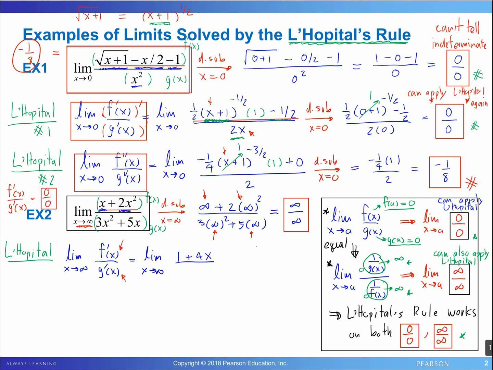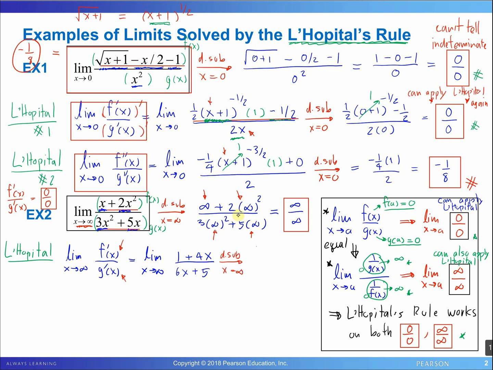Divided by, now g prime, we need this. So we need to diff these terms down here. Diff this, I get 6x. Next term, I diff this, I get 5. After L'Hopital's rule, I'm going to apply direct sub again. So over here, d sub. Once again, x equal to infinity.